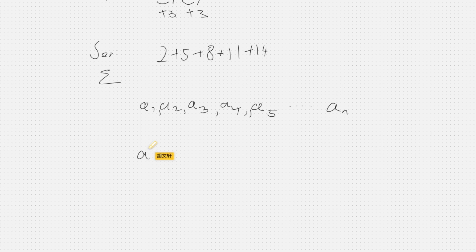It's just a representation of a different variable. This means we're listing terms from the first one, a1, to the nth term, a_n. And the sum is denoted as S_n. In this case, it will be all of these added together instead of separated by commas. That's basically it.